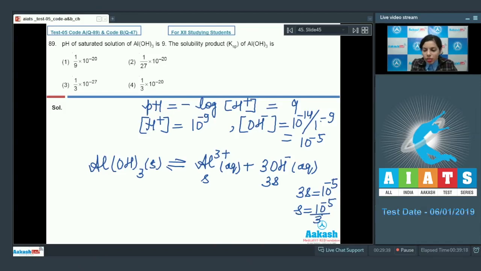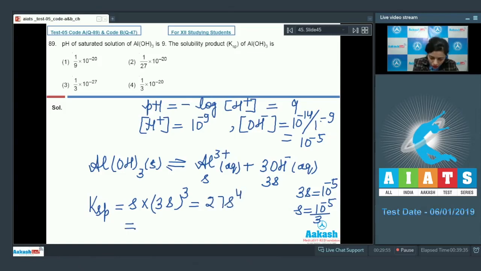Now if we have this value, we can find out the Ksp also. Ksp is equal to S into 3S cube, or simply it is equal to 27 S raised to the power 4. And that's why this Ksp is equal to 27 into 10 raised to the power minus 5 by 3 raised to the power 4.